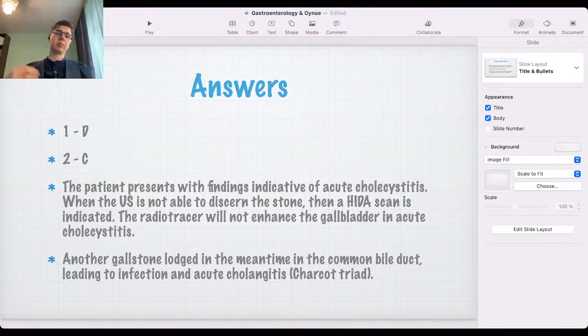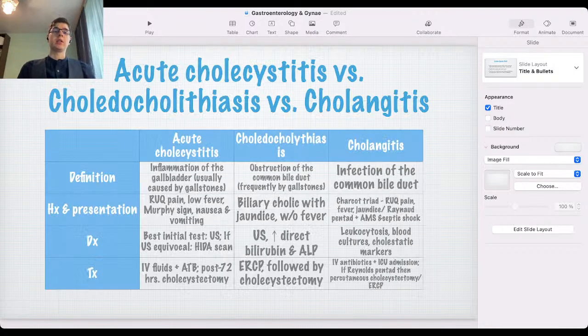And now the important point about these two questions is comparing acute cholecystitis with choledocholithiasis and with cholangitis. I would urge you to take a screenshot if you want to keep this material going forward.